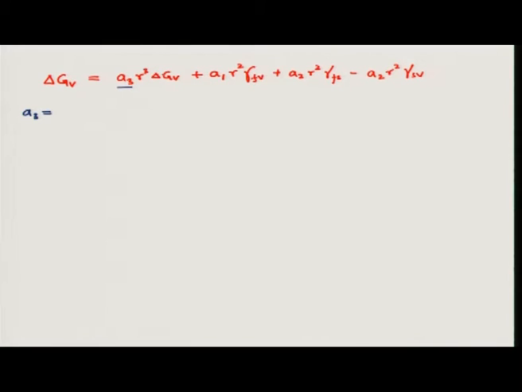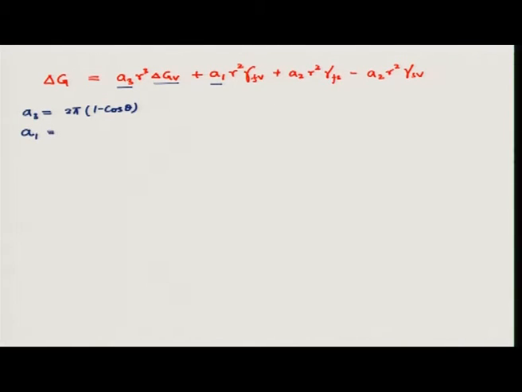Okay. So, that is the free energy change of volume, phase change, and this A3 can be given by 2 pi 1 minus cos theta. This will depend on the theta angle.